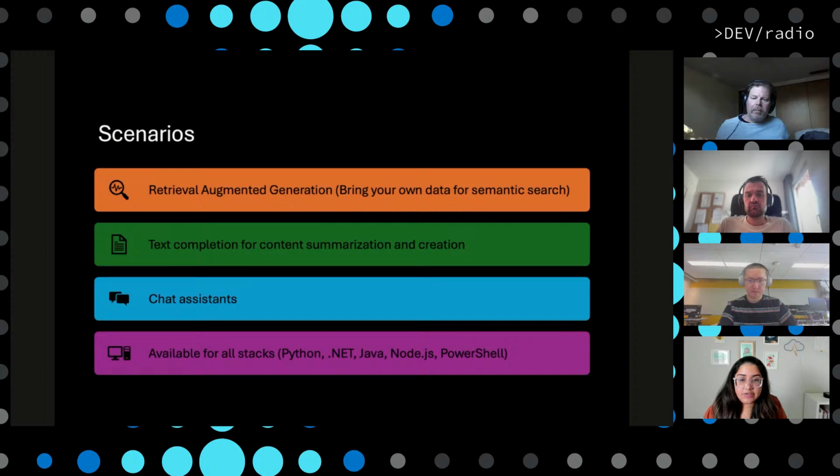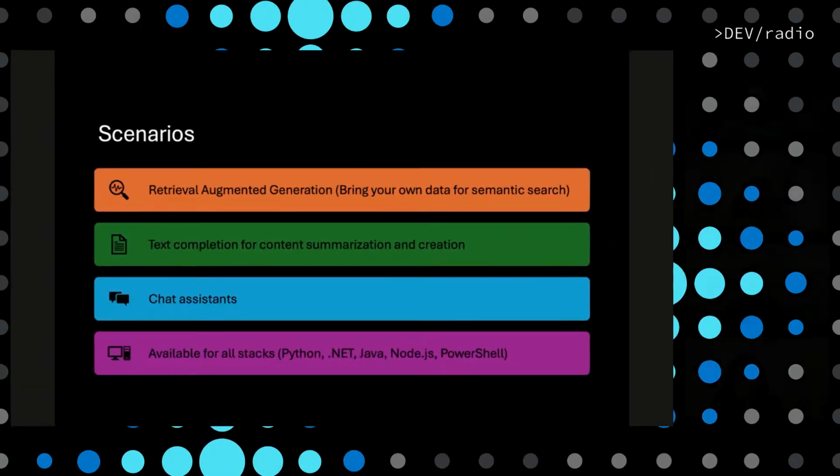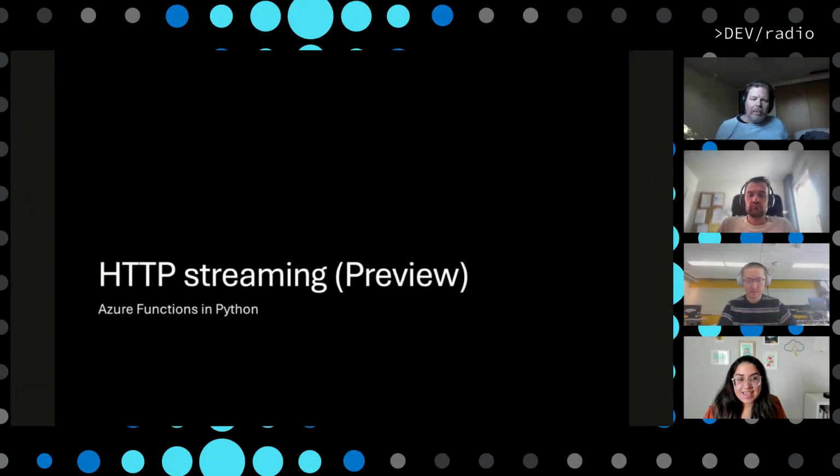And this is available for all stacks, so not just for Python, but also for .NET, Java, Node, and PowerShell. So Bill is going to demo this in more detail and show you how you can use this in your code. This is just a heads up that this is what we have released, and we would love for you to try it out whenever you have the chance.